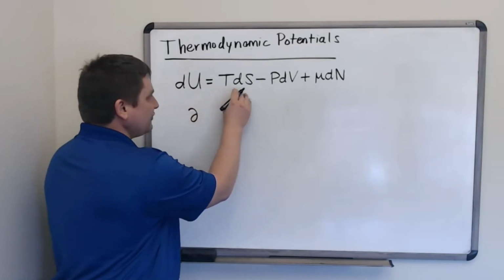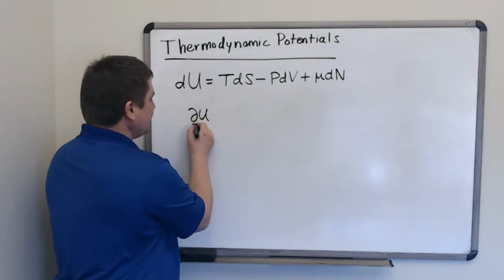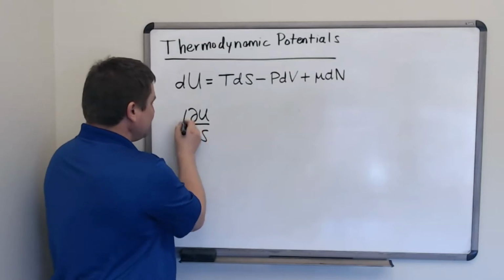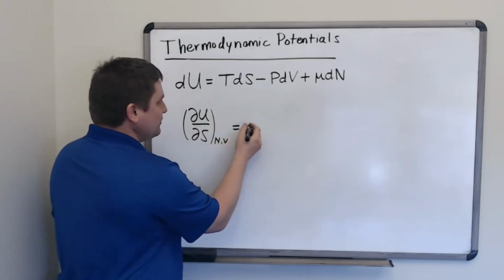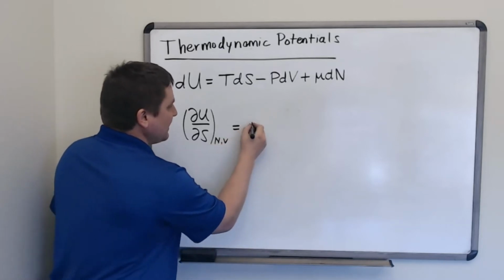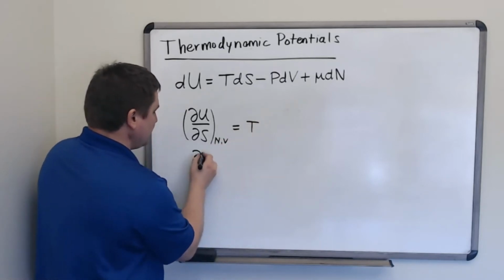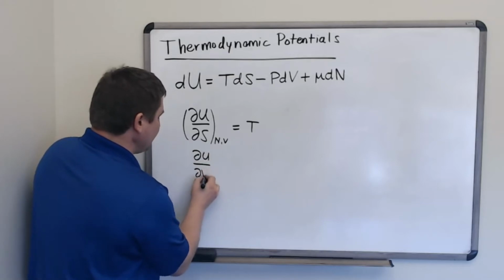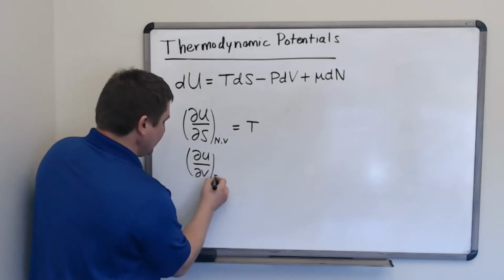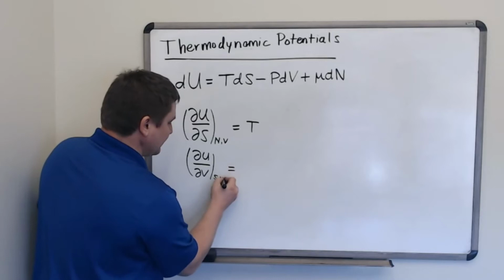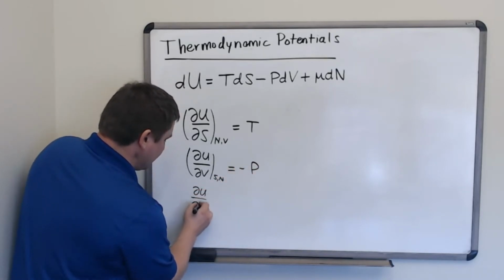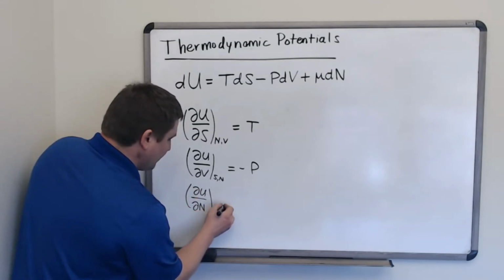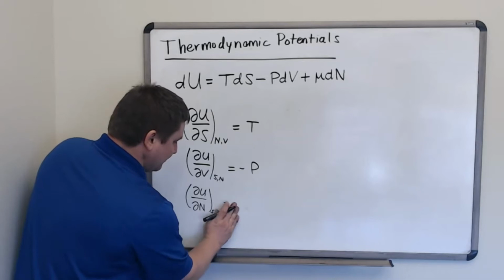This special relationship means that the derivatives of internal energy with respect to those quantities have a very simple form. dU over dS, while holding N and V constant, is equal to T. dU over dV, while holding entropy and number of particles constant, is equal to minus P. And dU over dN, while holding the entropy and volume constant, is equal to the chemical potential.